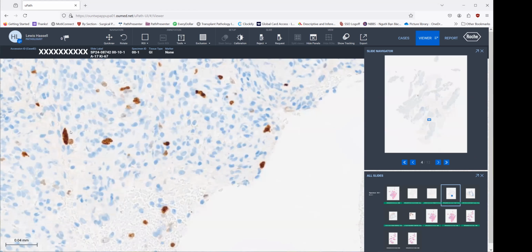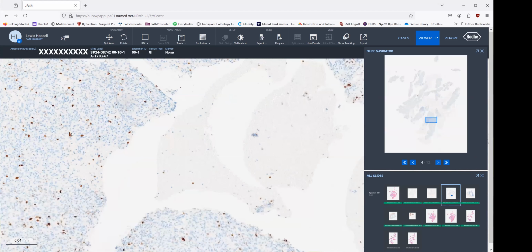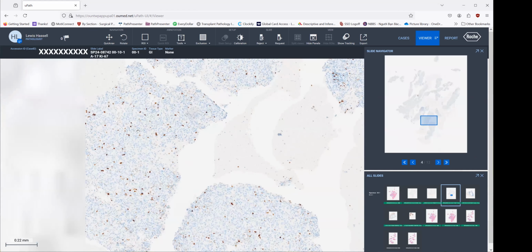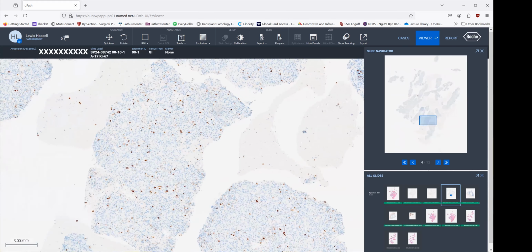And then here is your Ki67 stain, which gives you a nice impression of the degree of proliferation that's going on. So it's certainly not negligible, but it's also not high grade. So frank angiosarcoma of the liver is usually a very high grade and pleomorphic neoplasm, and would be expected to have a much higher Ki67 labeling index.